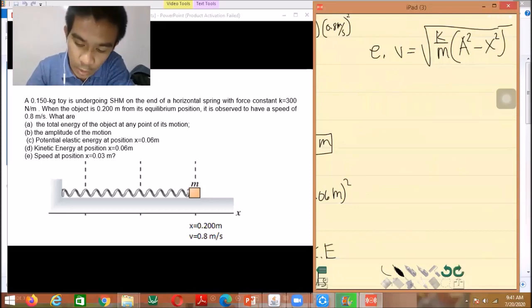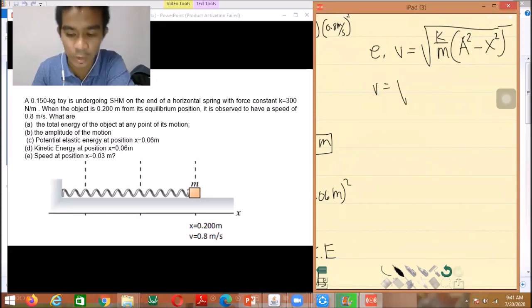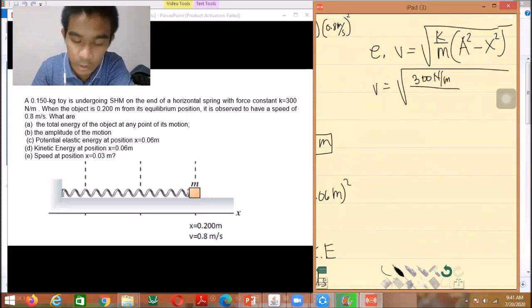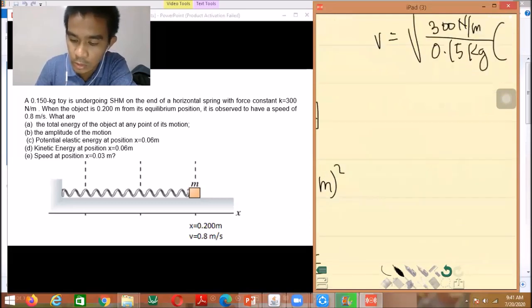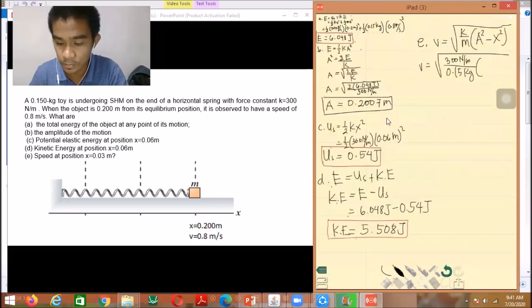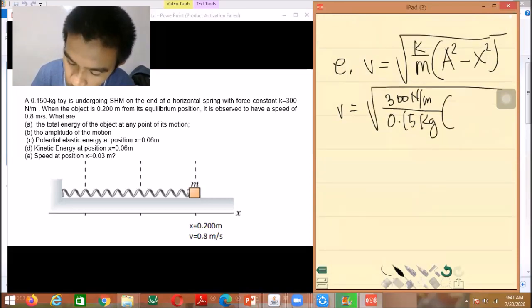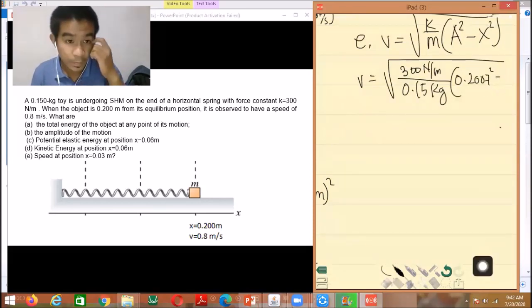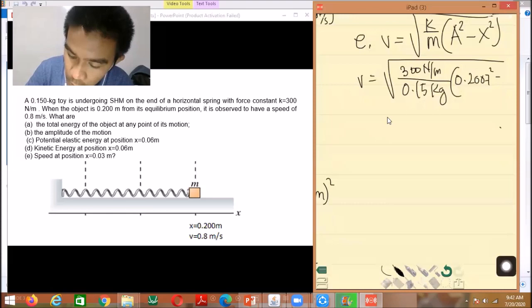So v equals the square root of 300 Newton per meter divided by the mass attached to the spring, 0.15 kilogram, times the amplitude 0.2007 squared minus the position 0.03 squared.